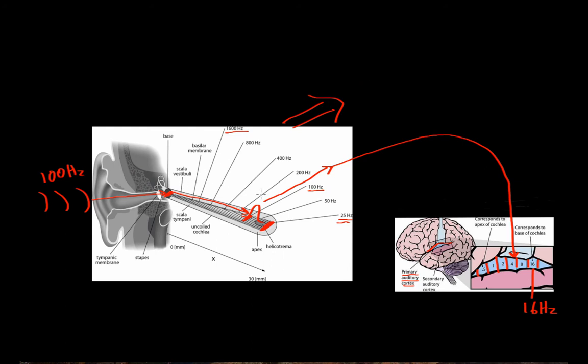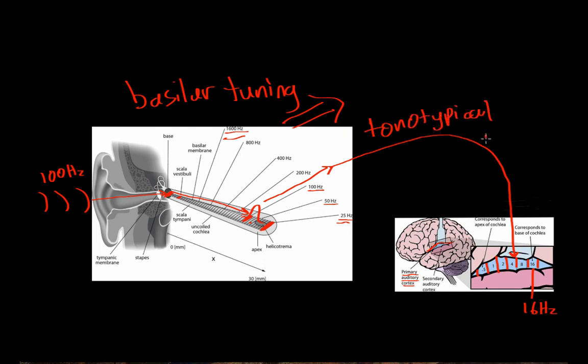So by having this basilar tuning, the brain is able to differentiate between sounds with a very high frequency and sounds with a very low frequency. And this mapping of sounds with a higher frequency versus sounds of a lower frequency is known as tonotopic mapping.